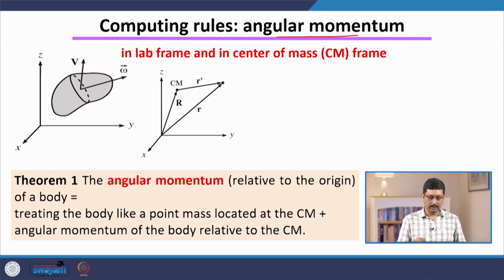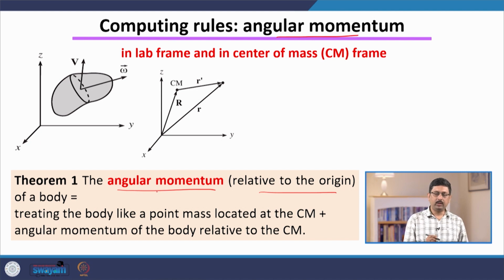In most general terms, there is a theorem called Chasles theorem, which says that the angular momentum is relative to the origin in our lab frame, which is an inertial frame in which Newton's first and second laws of motion are valid, and which has a fixed origin.